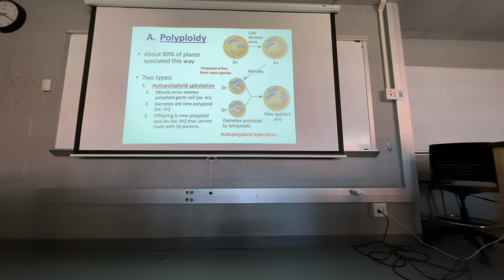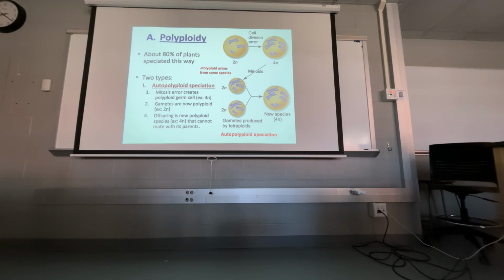What I mean by autoploidy is the new species arose from a single species. So you have a parent species here, and in this instance, it is diploid, and our diploid number in our little example up here is 6, right? 6 chromosomes, or 3 homologous pairs.